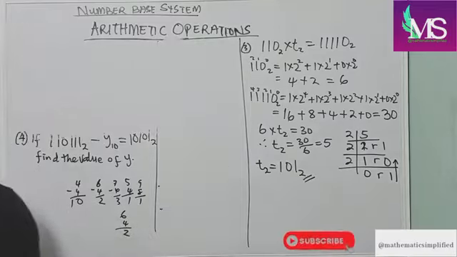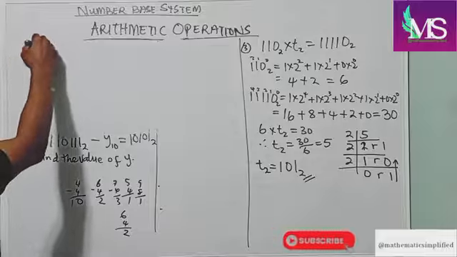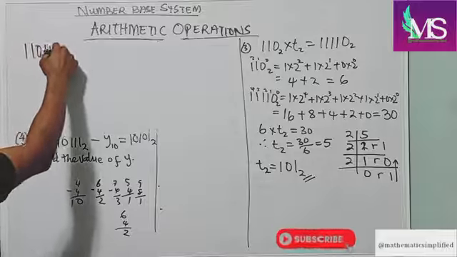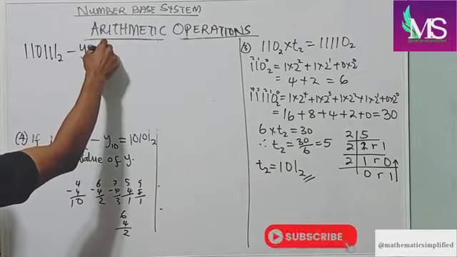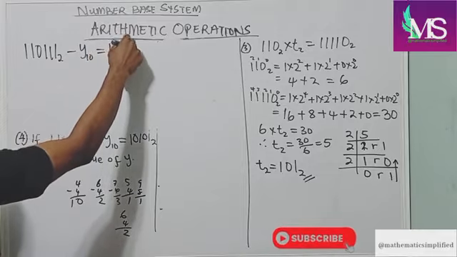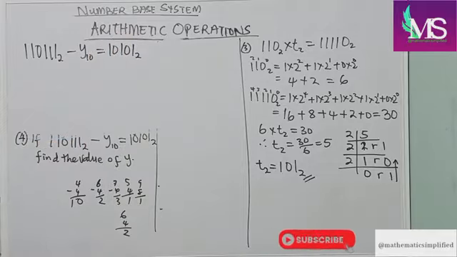Now the next question says if 110111 base 2 minus y base 10 equals 10101 base 2, then we should find the value of y.